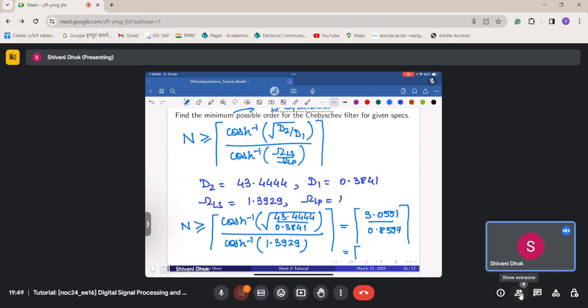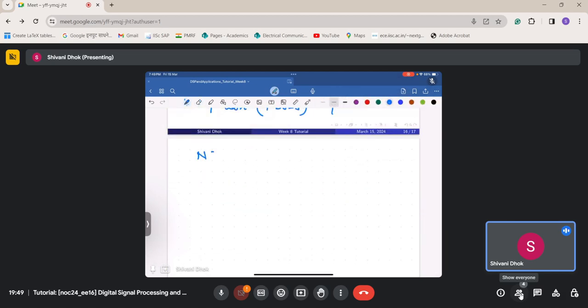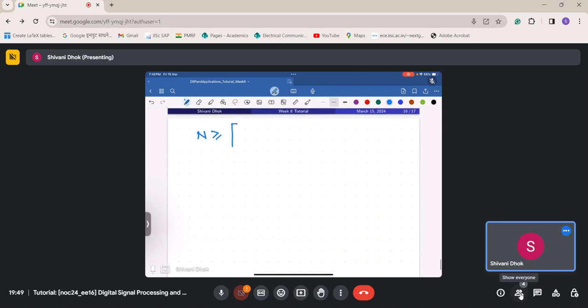Let me add another page, it's too crowded. So n is greater than or equal to 3.0551 upon 0.8597, which comes out to be 3.5537, which means that this will be equal to 4.